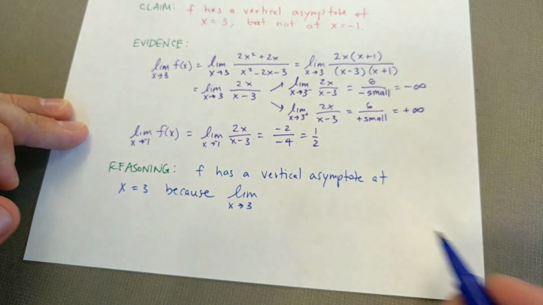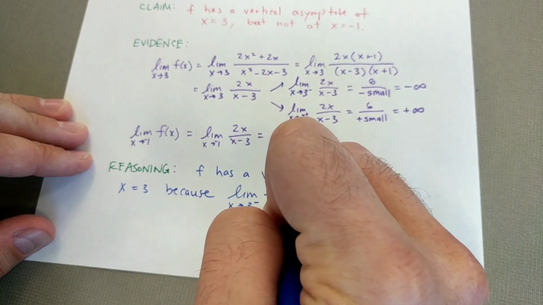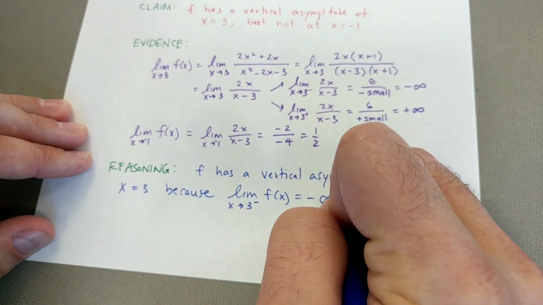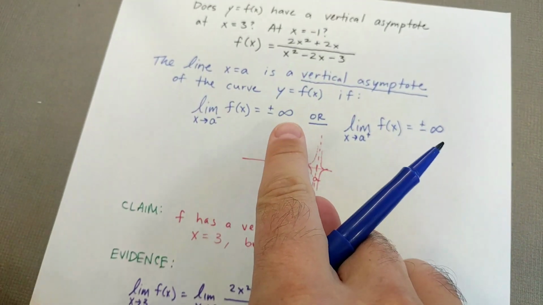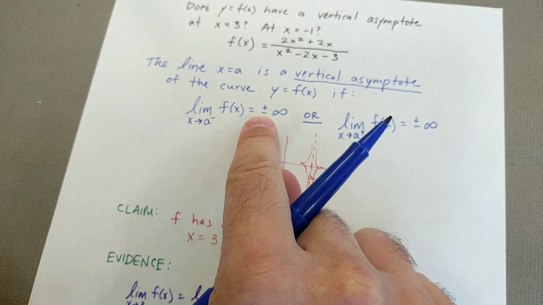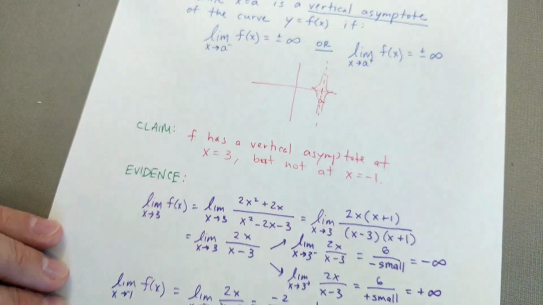I'll just choose the left side. So the limit as we approach from the left is headed to negative infinity. So that satisfies the definition from before. Heading from the left, if it's headed to positive or negative infinity, then you've satisfied it. So boom.